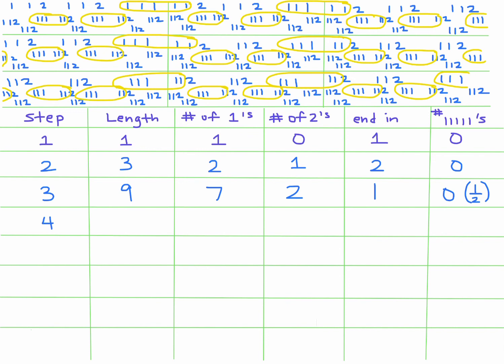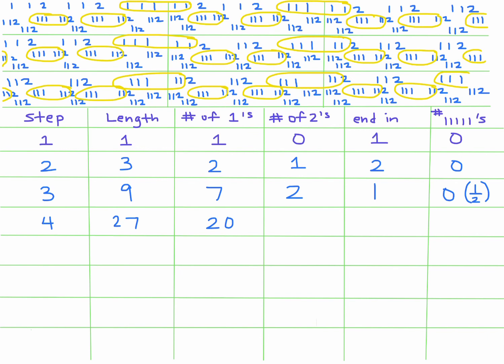The fourth step would involve 27 digits, so it's basically all these guys. The number of 1s, oh boy: 1, 2, 3, 4, 5, 6, 7, 8, 9, 10, 11, 12, 13, 14, 15, 16, 17, 18, 19, 20.